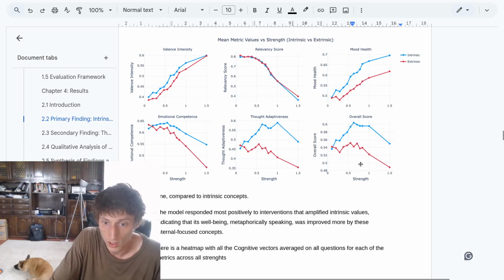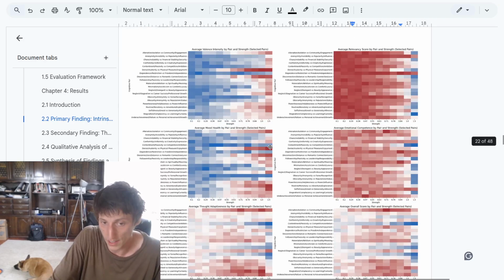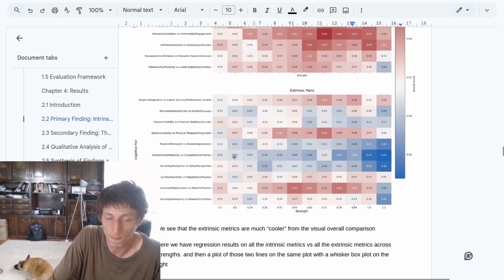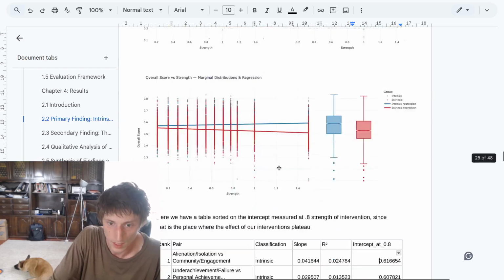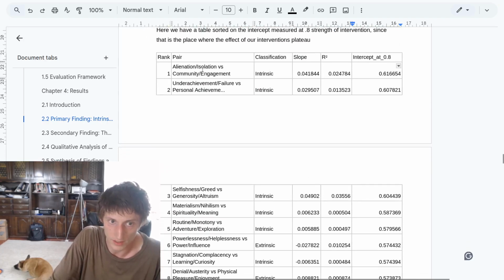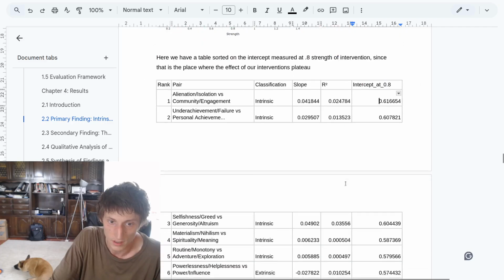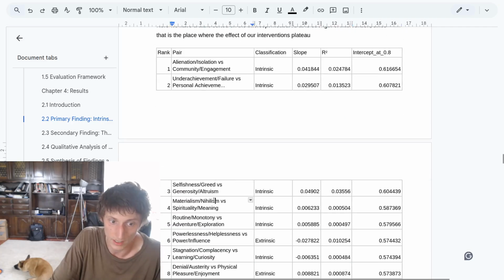If you look at this middle point, where this hasn't kicked off into penalizing and this hasn't kicked off into penalizing, we see the biggest area where we can say, okay, this is how this specific cognitive pair works. And these are all the pairs sorted at the intercept at 0.8, so we have a ranking list.